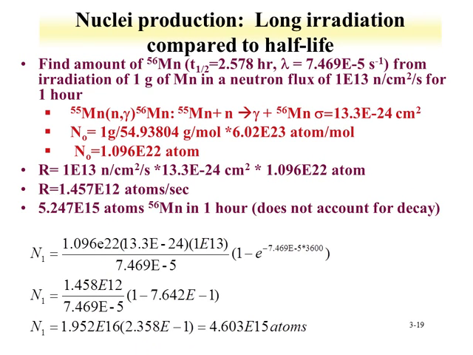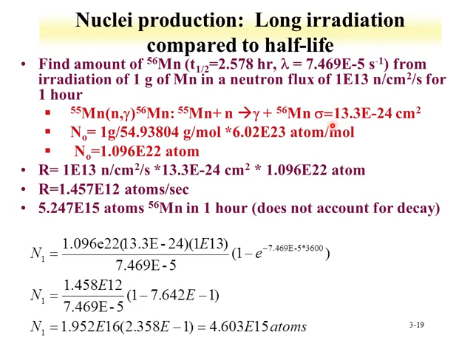Let's take a different case where the half-life and the irradiation are on the same order. Let's say the amount of manganese-56, with a half-life of 2.5 hours, from irradiation of 1 gram of manganese in a neutron flux, same as before, for 1 hour. Manganese-55 plus a neutron goes to manganese-56.